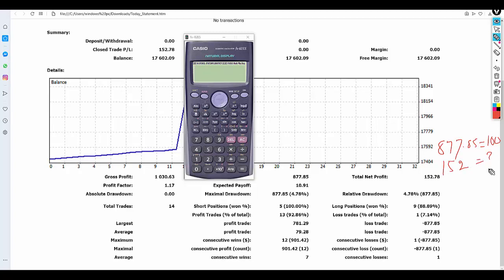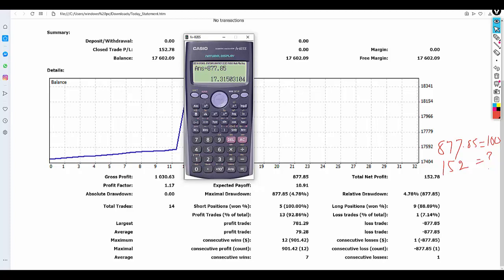So 152 times 100 equals this. Then we divide it by 877.85. Then we get this.